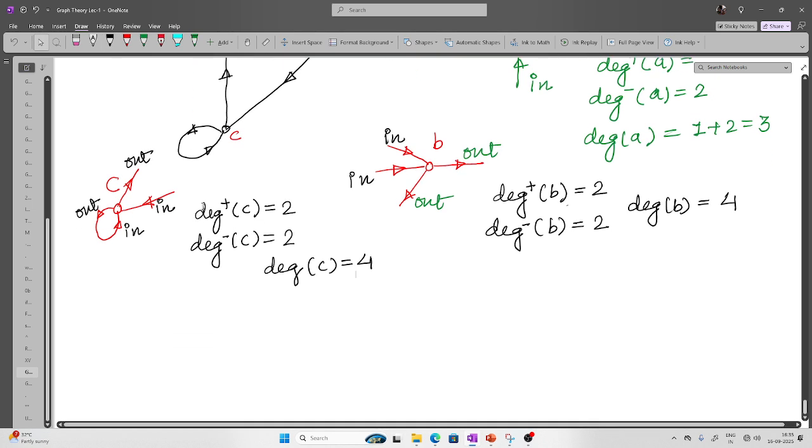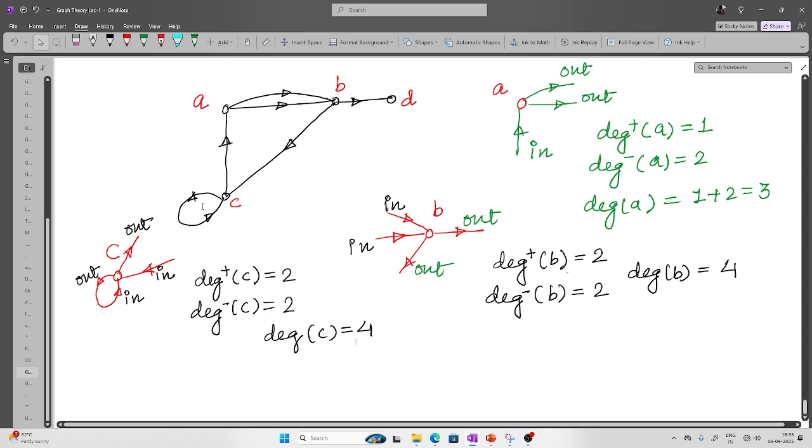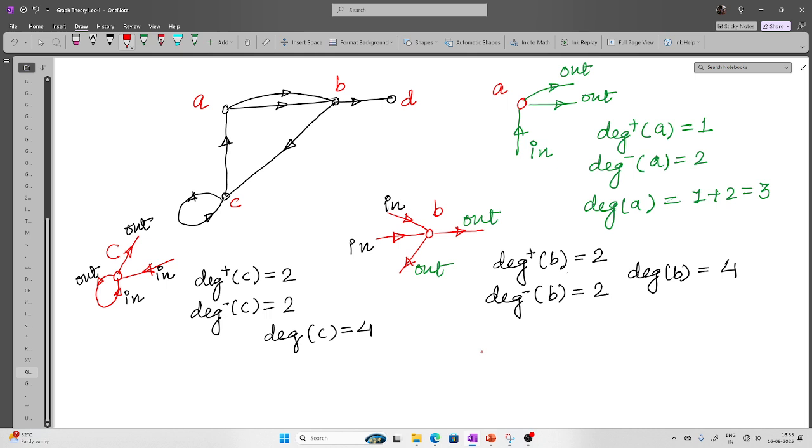Now comes the last one, vertex D. Here if you watch closely, only one edge is coming into this vertex. Therefore the in degree for vertex D is 1.